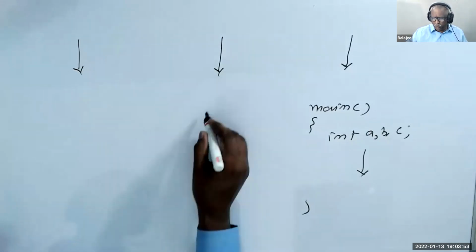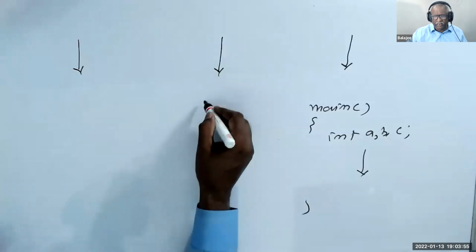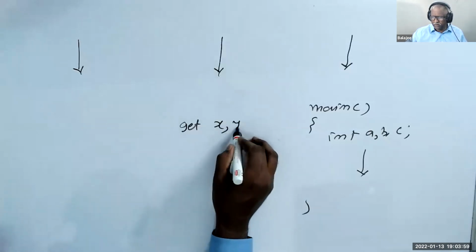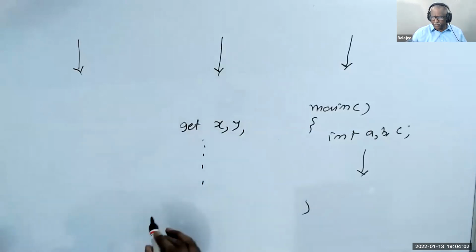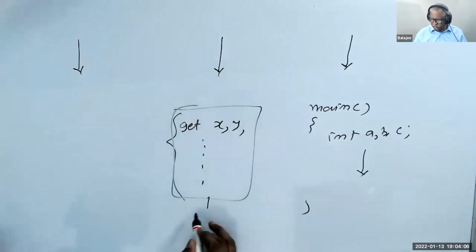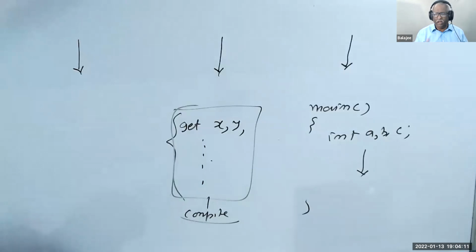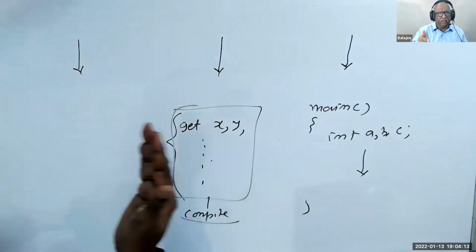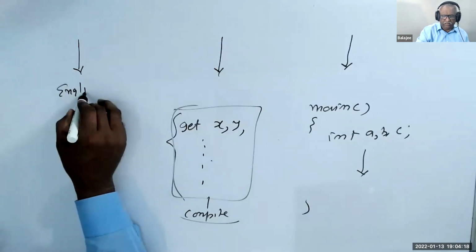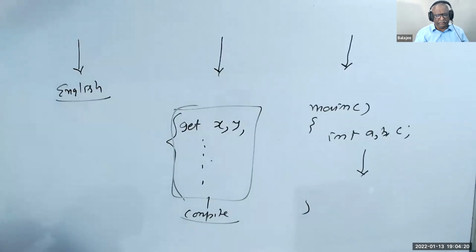You should first write the steps in plain words, like get X, Y, and do these activities, not in a cryptic form. You cannot compile this; the compiler will give you an error. This has to be done in English or your own language, whatever your mother tongue. If you are happy with Hindi or Telugu or Tamil, write it in your mother tongue.